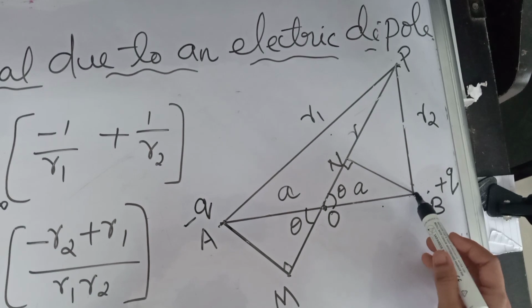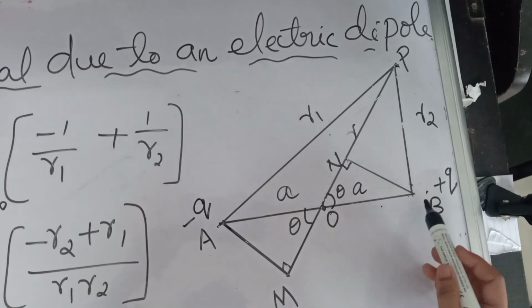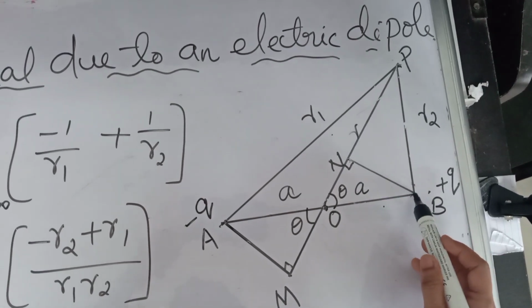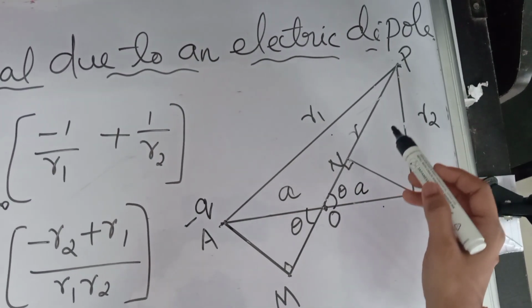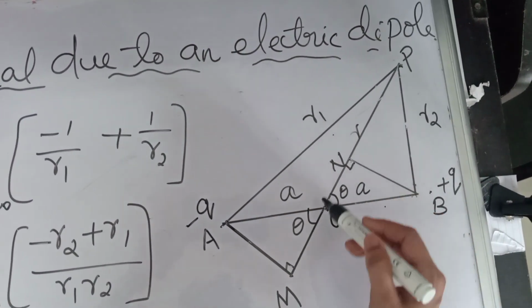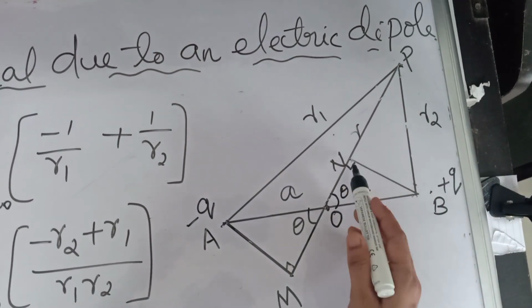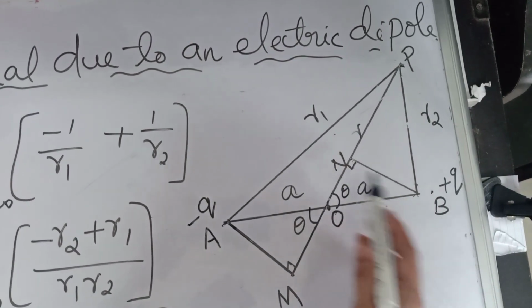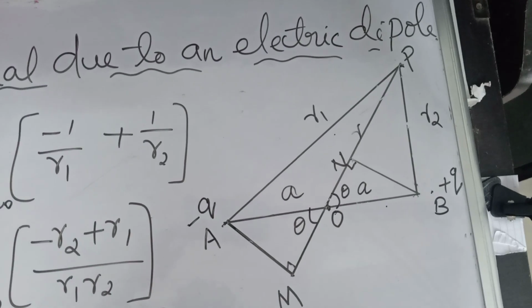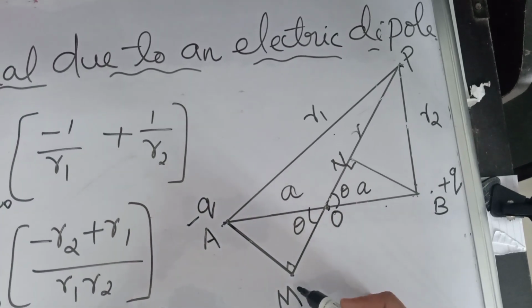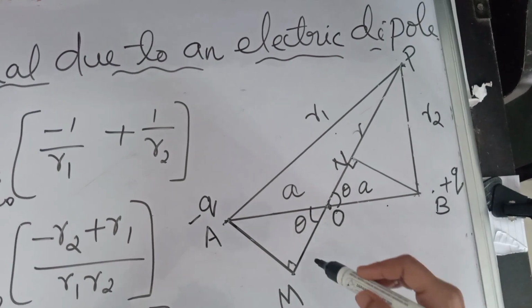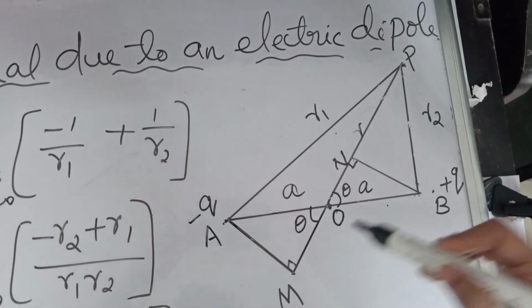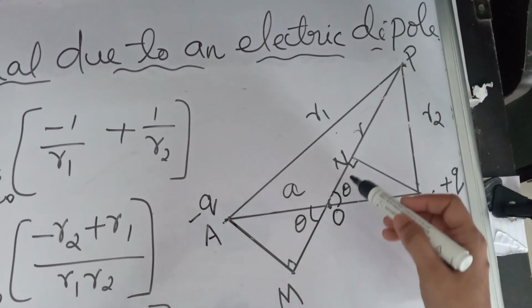That BN we can draw, which is perpendicular to PO. That means we can draw a normal to PO, that is BN is the normal here. BN perpendicular to PO. In the same way, we can draw one more perpendicular, that is AM perpendicular to PO, that is produced here.